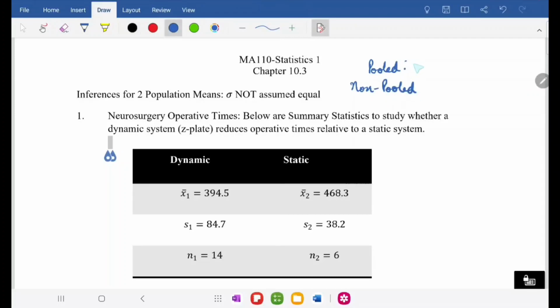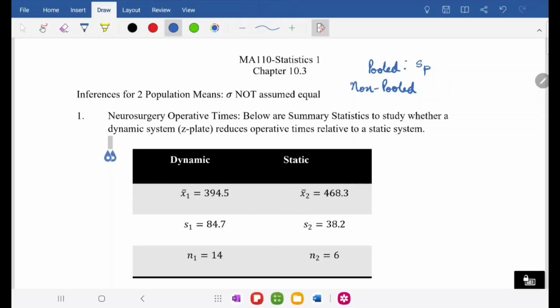One is called the pooled test and the other one is called the non-pooled test. Now, in the pooled test, if the standard deviations are close in value, which is called assumed equal, then we can combine the two standard deviations using a weighted average into one standard deviation called the S sub p, right?